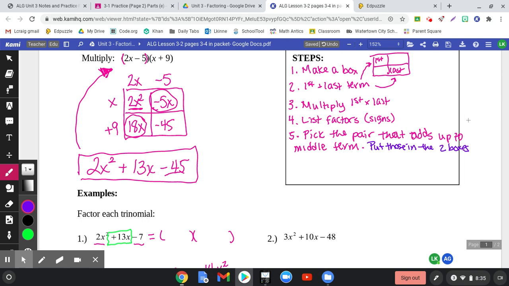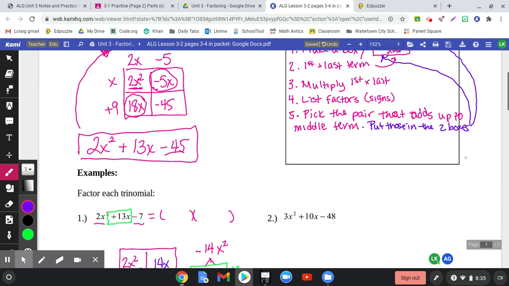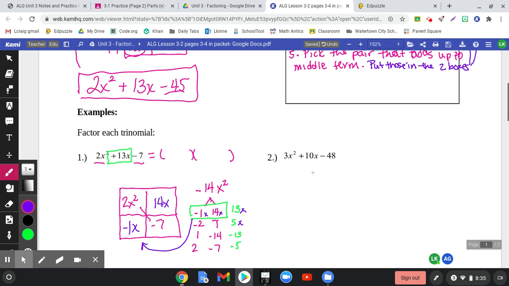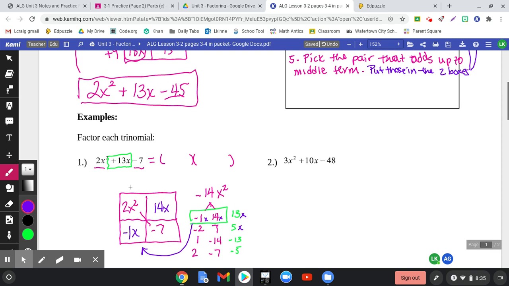So I'm talking about, let me just draw a little diagram here. My goodness, it's hard to write on here. There we go. All right, so now it's just a matter of working backwards. Figure out what was multiplied in the first place. And the easiest way to do that is find the GCF of each row and column.